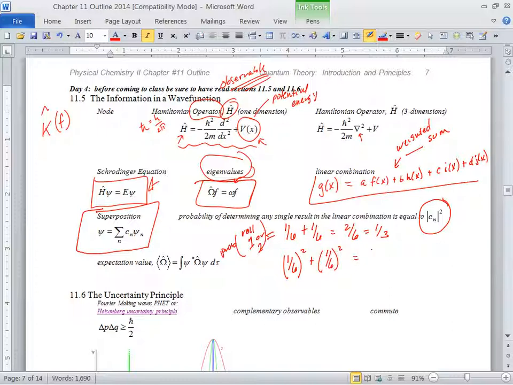So 1/6 squared plus 1/6 squared is like 0.1 or something like that. It really doesn't matter. The point is that it's not 1/3. And this is how probability is added on the microscopic level. It gives the right answers. Why? Because it's a strange world.